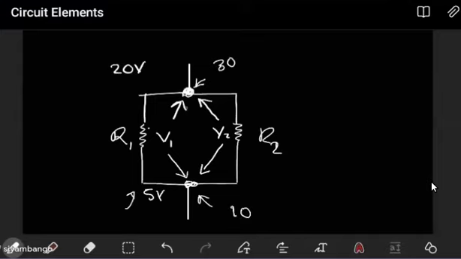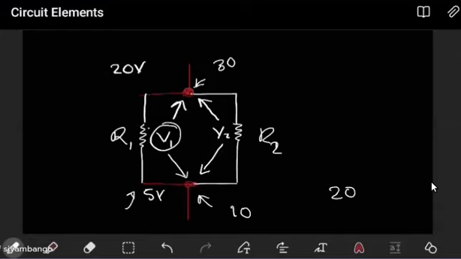So the potential difference will end up being 20 volts, meaning V1 will be 20 volts, because that's the difference. Even V2 will be 20 volts.